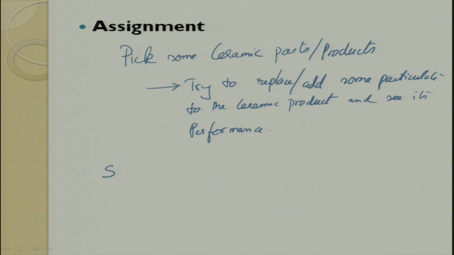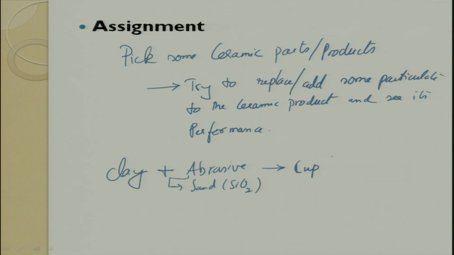For example, take clay. Clay is a ceramic material, ordinary clay. Try to add abrasives to it. Abrasive means sand, ordinary sand, which is nothing but SiO2. Try to add it. Now, you try to make something like a cup or pot or a part, whatever you want, a very simple trivial part.